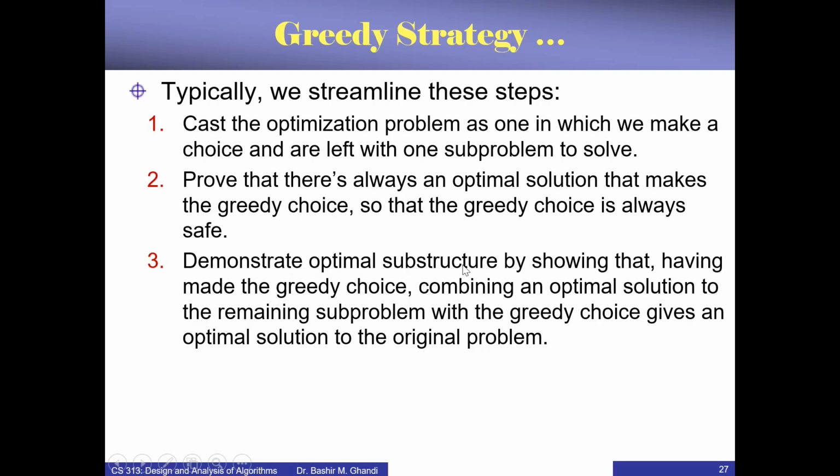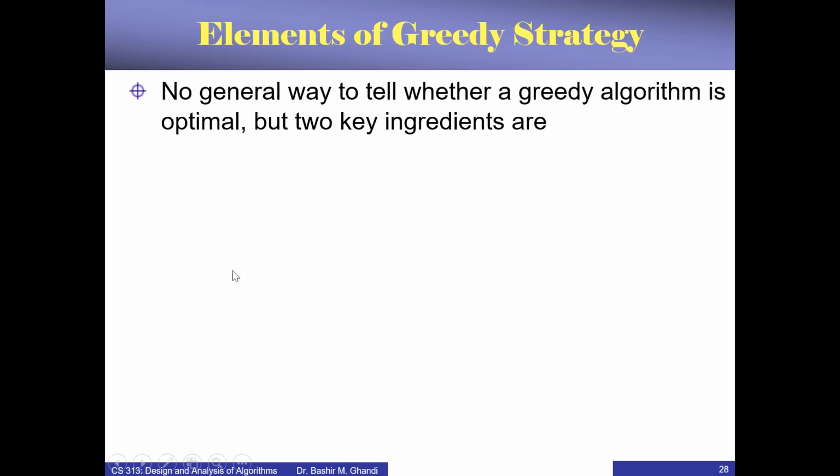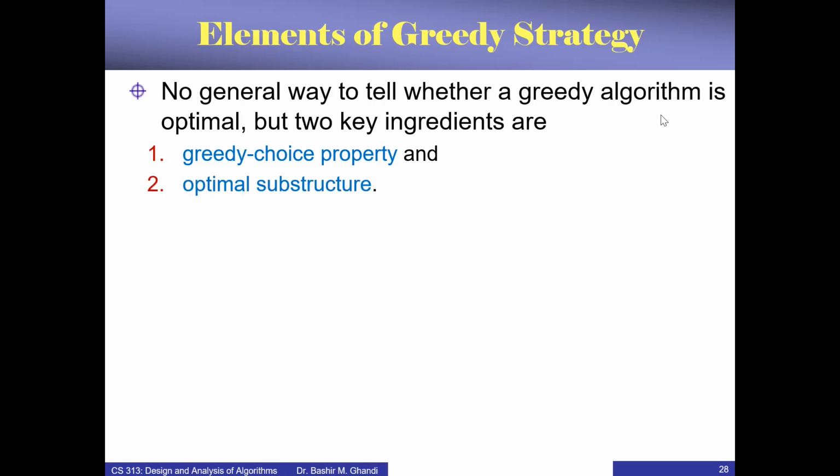These are important. Okay, so here are the elements of greedy strategy once again. Of course, there is no general way to tell whether a greedy algorithm is optimal or not, but two key ingredients are important. One is that there is a clear greedy choice property, okay, and the second is that there is optimal substructure. If you can have these two, then most likely you will be able to solve the problem using the greedy strategy.